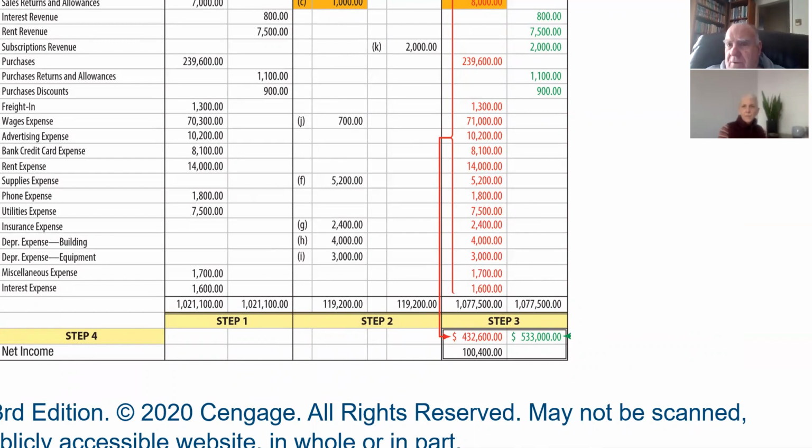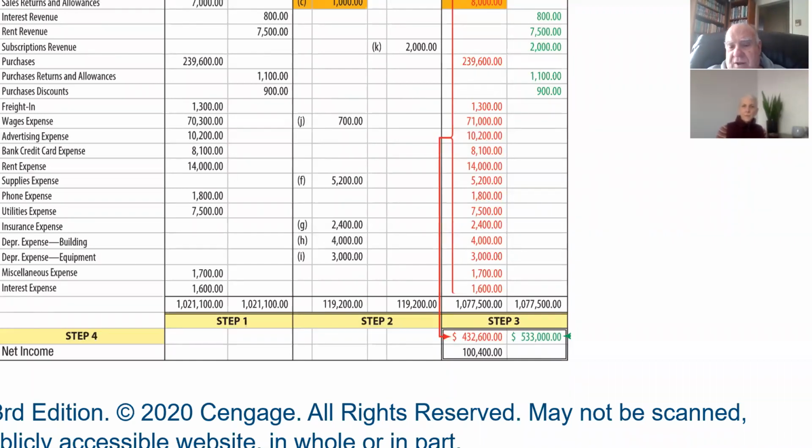So by definition, if we had the two extra columns here that I'm annoyed they don't show, we would see that the credits exceeded the debits by 100,400. So on the income statement column, to balance it, we would have debited it and credited the balance sheet and bring the debit over here.